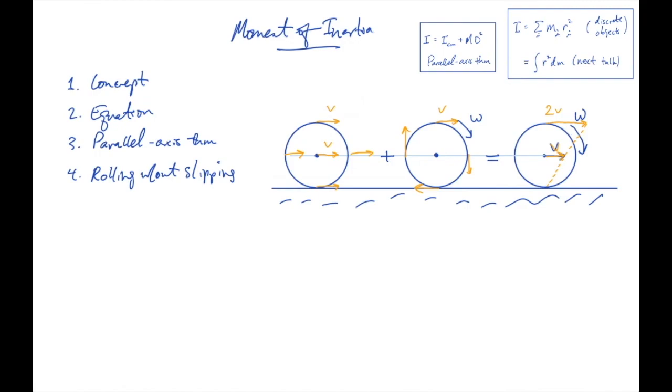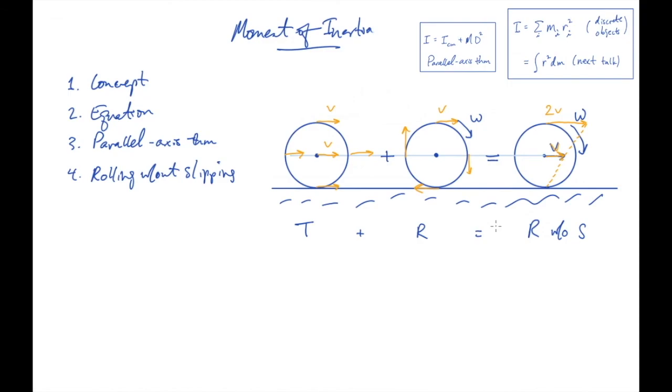So the thing to remember here is that rolling without slipping, I'll call this RWOS, is equal to the sum of two other motions. Translation without rotation plus rotation without translation equals rolling without slipping.